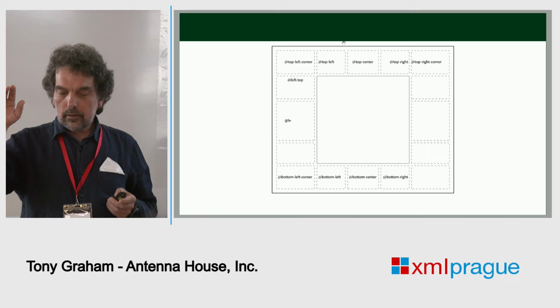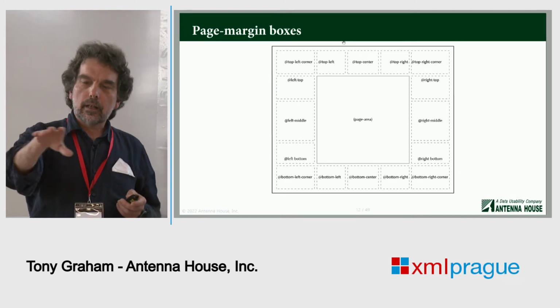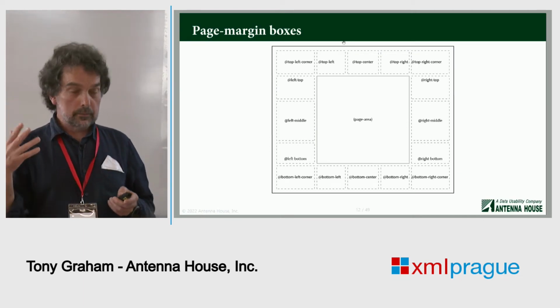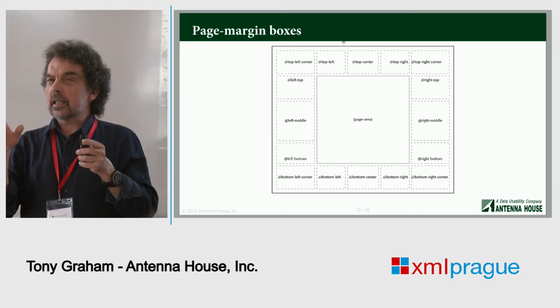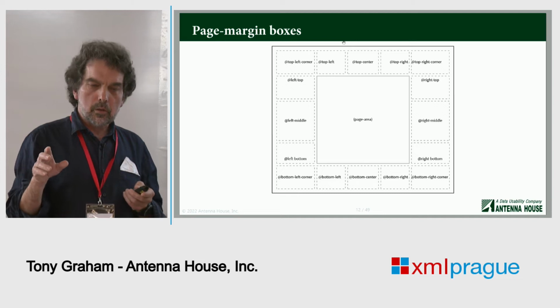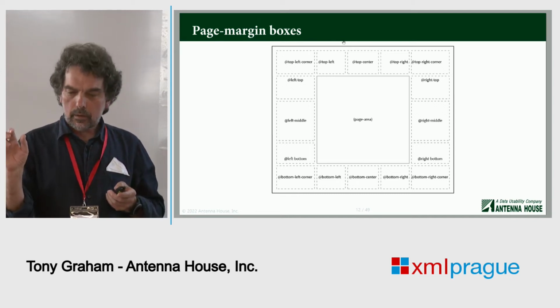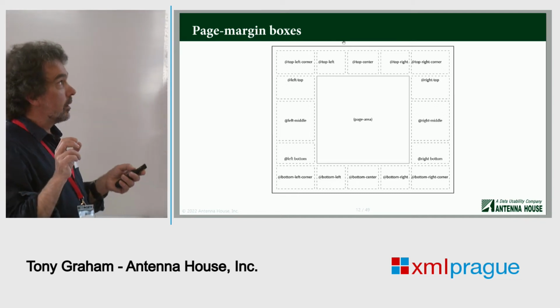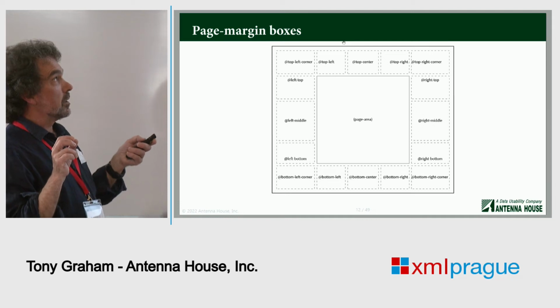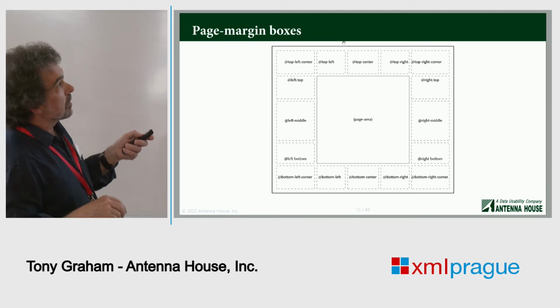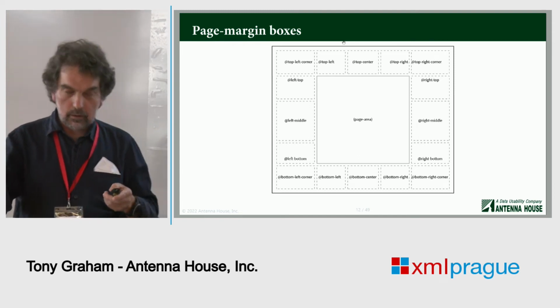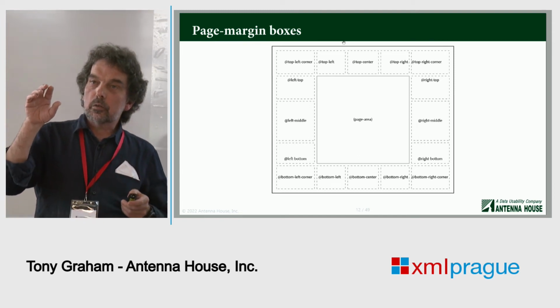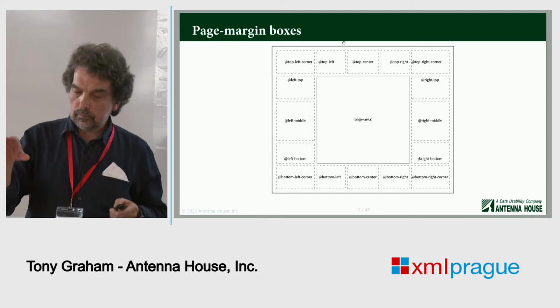The headers and the footers, as was again referenced in the Oxygen XML session, CSS predefines 16 page margin boxes with predefined names, which are hopefully self-evident. Top left corner goes across to top left, top center, and so on. And you can direct content into your page margin boxes.